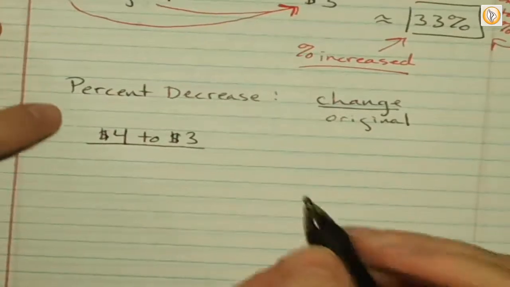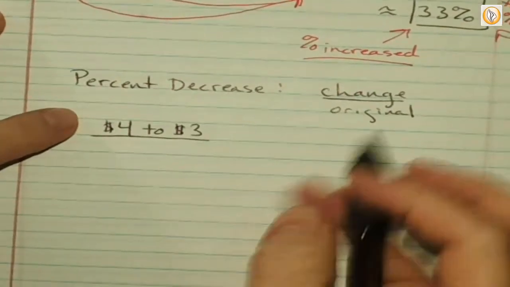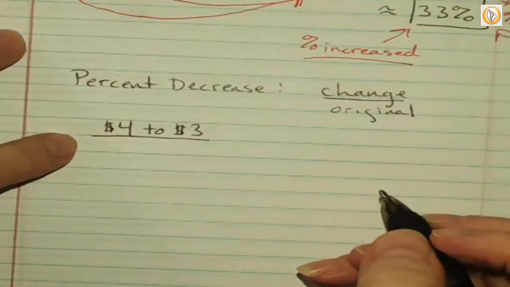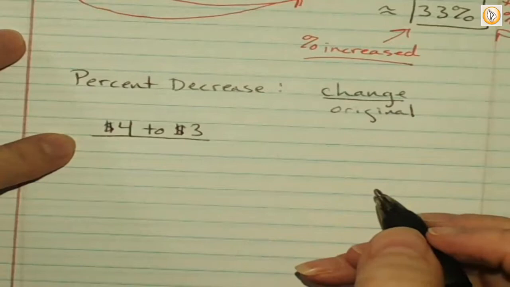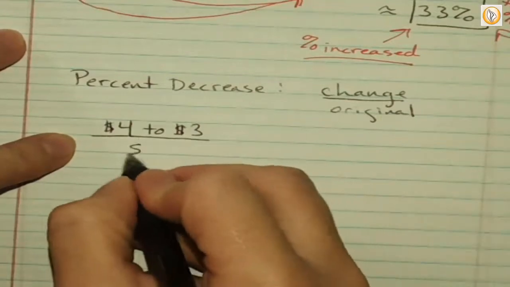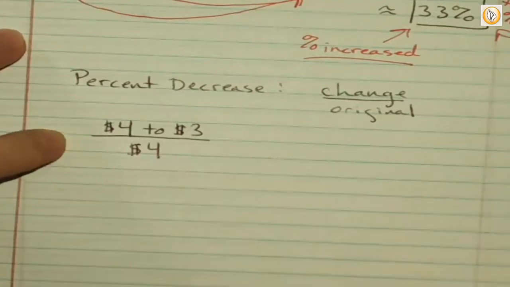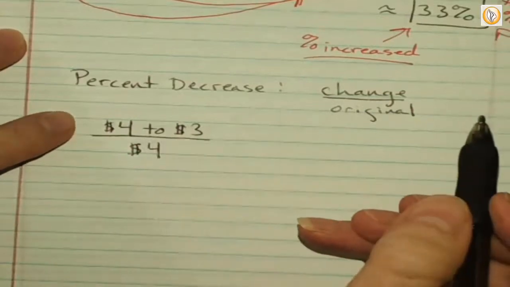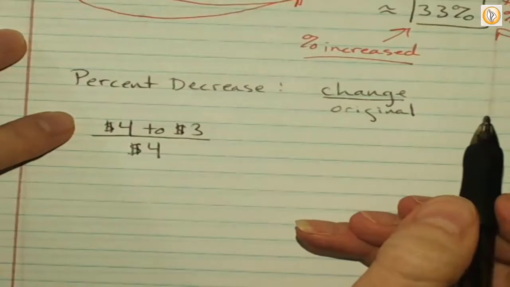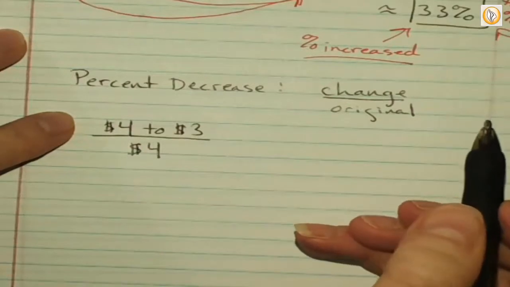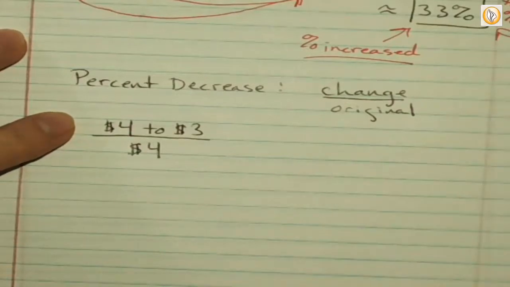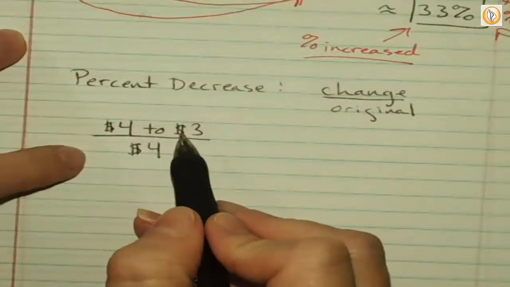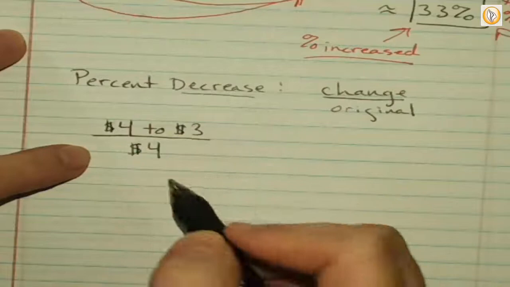That's right. So we're doing change over original. This time, Valeria, what was the original? That's right. Y'all see that? She's correct. When he increased the price of his bread to $4, it wasn't working out, so he decided to go back down. This time he went from $4 to $3 because we're decreasing.